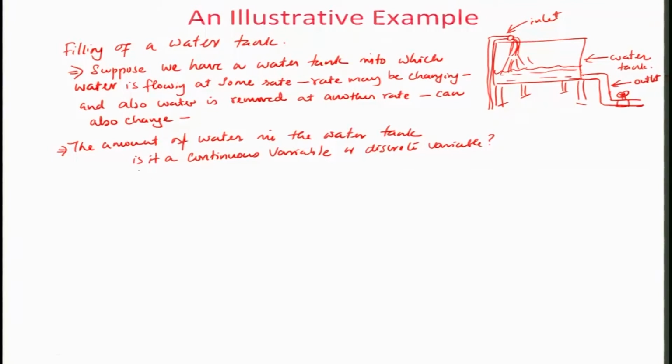The first question is the amount of water in the water tank at any given time. Is it continuous or discrete? Obviously, it can be thought of as a continuous variable. It is not a discrete variable. As time progresses, this value will keep on changing. If the outflow rate is less, then the water will keep on rising. When it is more, the water will keep on decreasing. Okay.